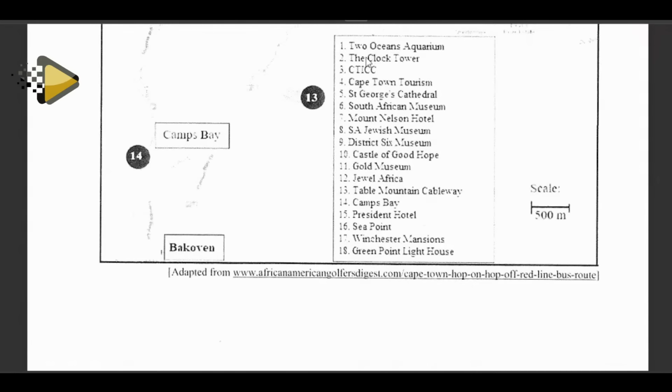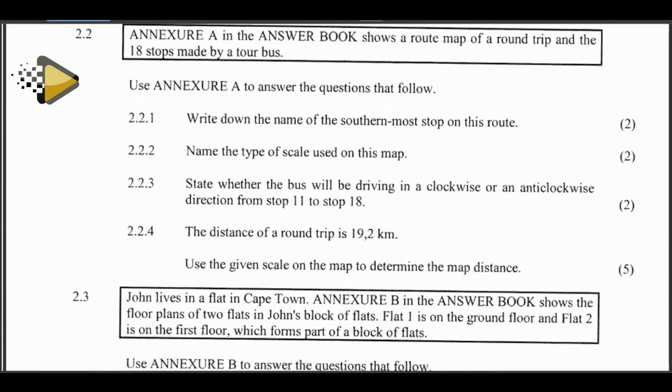But of the stops, we don't have Bakoven here, and it's not numbered. So probably you would have said 14, Camps Bay. Bakoven or Camps Bay.